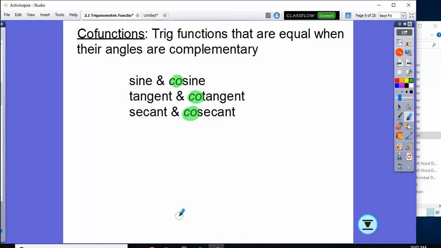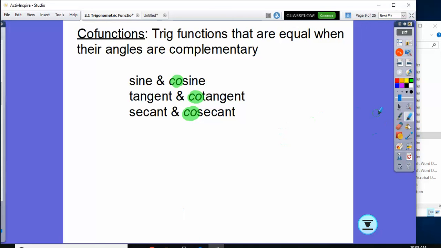This is different than reciprocals. Reciprocals, when you have one, you can flip it to get the other. Cofunctions, when their angles are complementary, the functions themselves are equal.